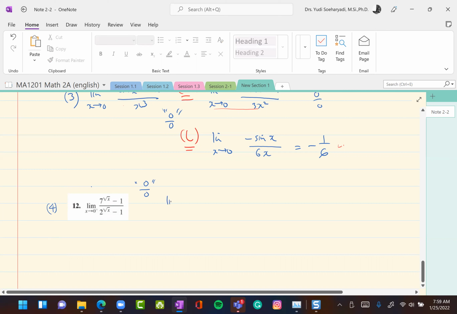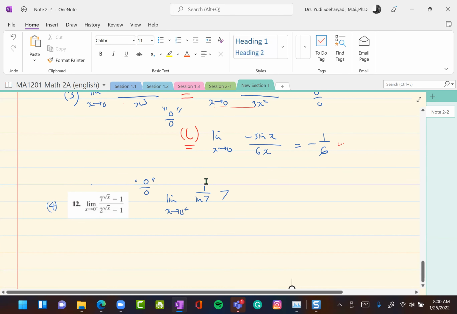All right, so just getting the limit. When you take derivative, this is the same thing, except you have 1/ln 7. Okay. What is the derivative of one?